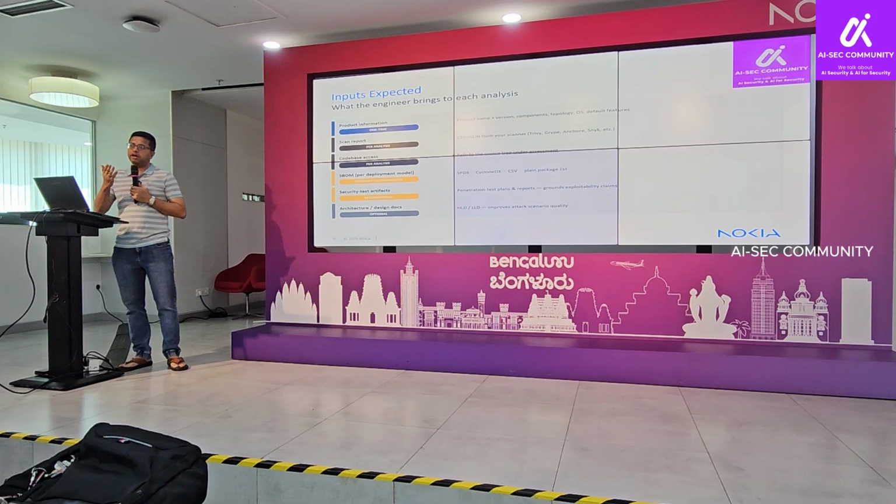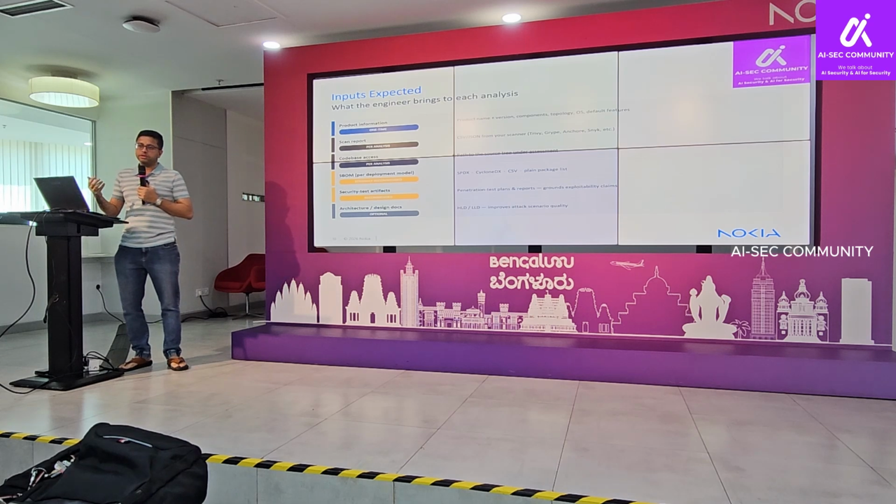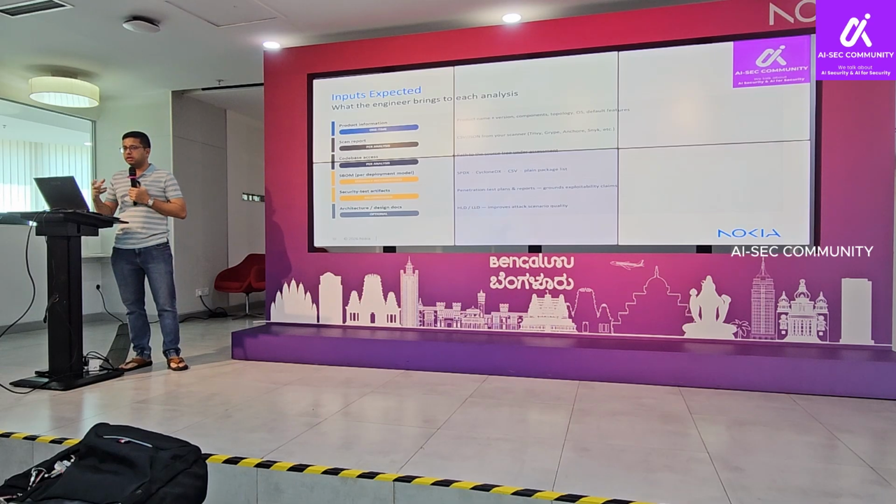Let's say by default you have multiple security features enabled. You feed in that information, or you feed in the YAML file. Let's say you have a Helm chart: you feed in your override YAML file, or the YAML file where all the default features are enabled. The agent will know that because these features are enabled, maybe the vulnerability is not exploitable. So it will get that kind of information.